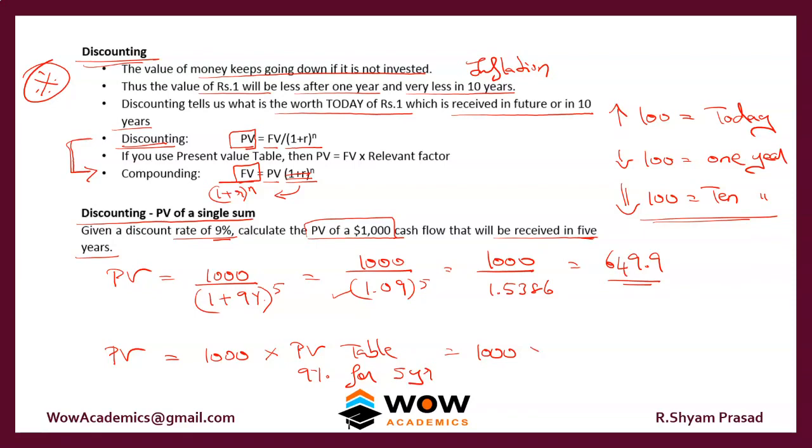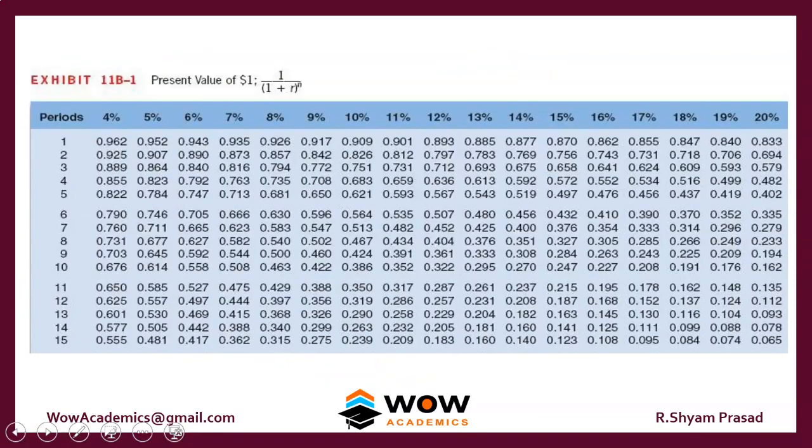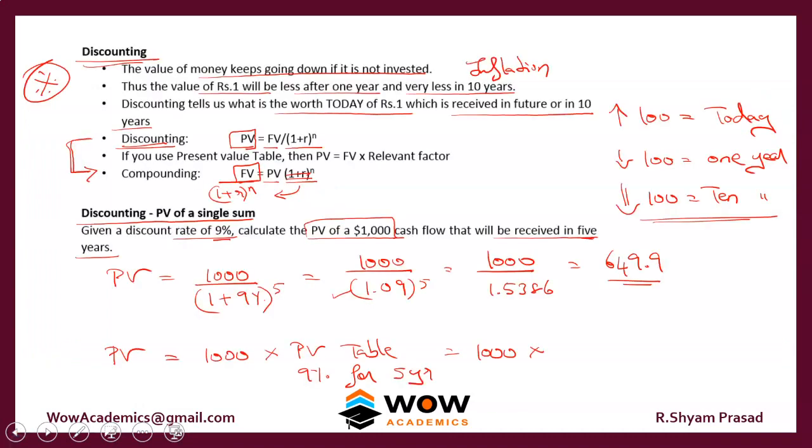So we'll try to look that up and get an answer. This is a present value table. Here on one side you have all the periods, on the other side you have the discounting factors. So our job is to find the 9% number for 5 years. If you look, it comes to 0.65. So we'll take that number.